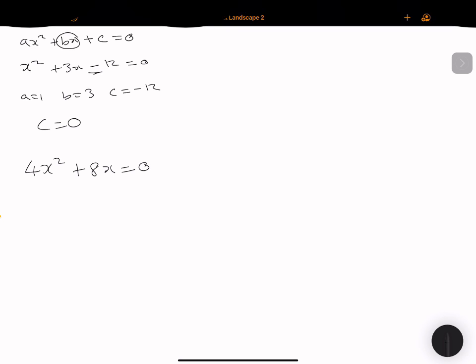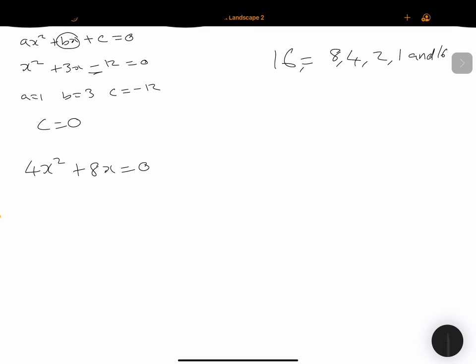Okay, so what we're going to do here is take out a factor. Okay, so a factor is something that you times to make something. So factors of 16 are 8, 4, 2, 1 and 16, because 8 times 2 equals 16, 4 times 4 equals 16, 1 times 16 equals 16.